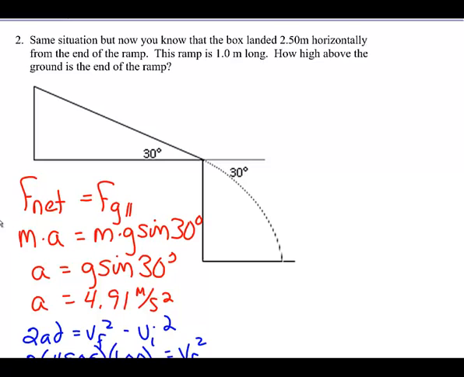Now I can go to the horizontal displacement equation. I know my horizontal displacement, and I know final velocity.